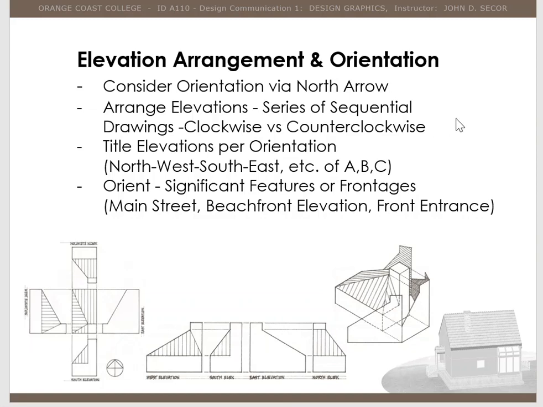And so when we do our arrangement, like I said, we want to consider the orientation via the north arrow right here. So arrange elevations in a series of sequences. We have to make sure they're sequential, that means they're in order. Maybe it's just going clockwise, north, east, south, and west.